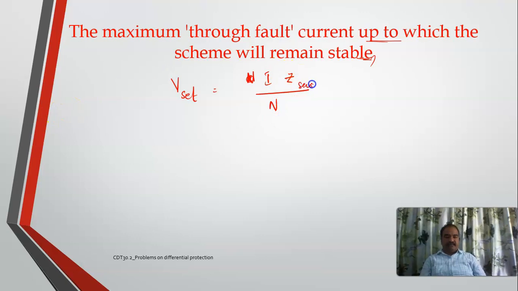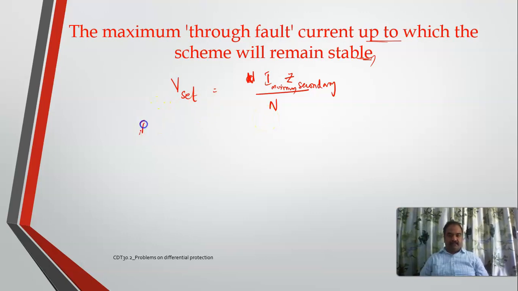Where Z is your secondary side CT resistance, I is your maximum external fault current which you are supposed to determine, so this is your V setting which you are already given.